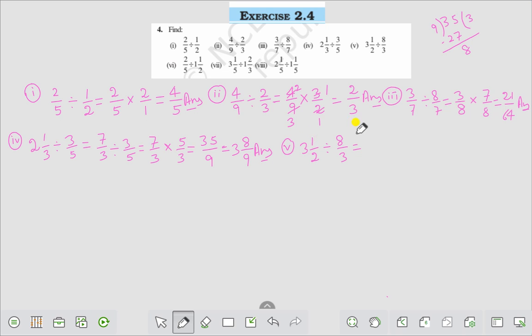That is 3 twos are 6 plus 1, 7 by 2 divided by 8 by 3. That will be equal to 7 by 2, and divided by can be written in multiplication form, that is into, and the reciprocal of 8 by 3 is 3 by 8.